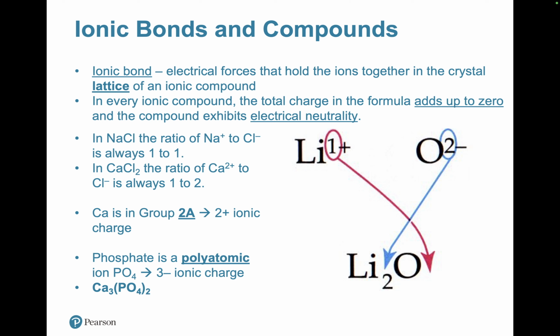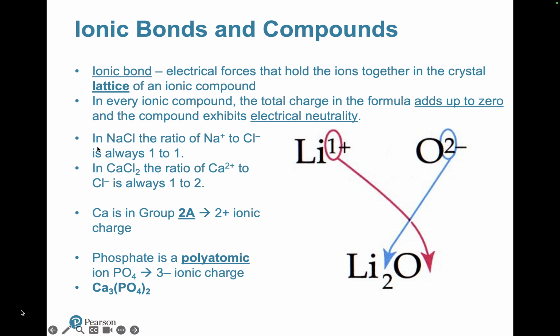Since oxygen has a negative 2 charge, it needs 2 lithiums to be happy, right? Kind of a threesome for it to be happy. Because two positive 1 charges will balance out a single negative 2 charge, right? And so that's when it's happy. It will get the electrons it needs to fill its outer shell, and both lithiums will be happy because they will both lose an electron to that oxygen.